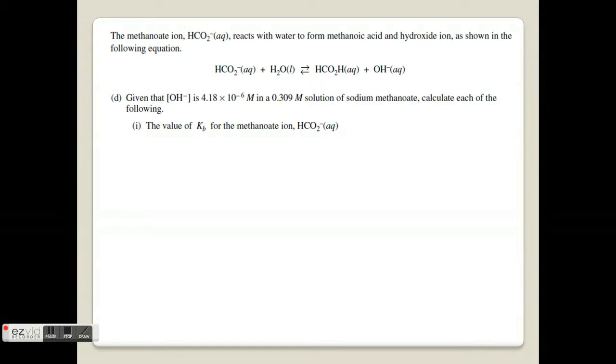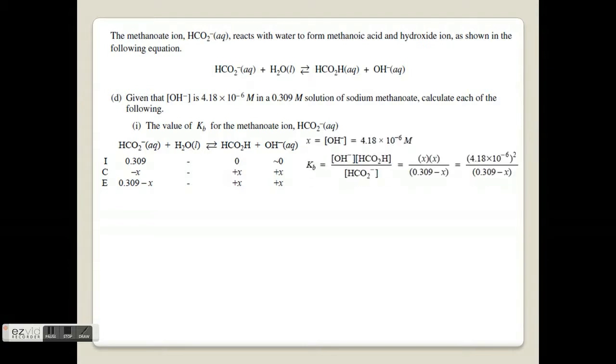First, we do ICE, and we get Kb equals OH minus times HCO2H over HCO2 minus. Since we have the concentration of OH minus, we can say it is equal to the concentration of HCO2H, and HCO2 minus is equal to 0.0309, and we get the Kb value.